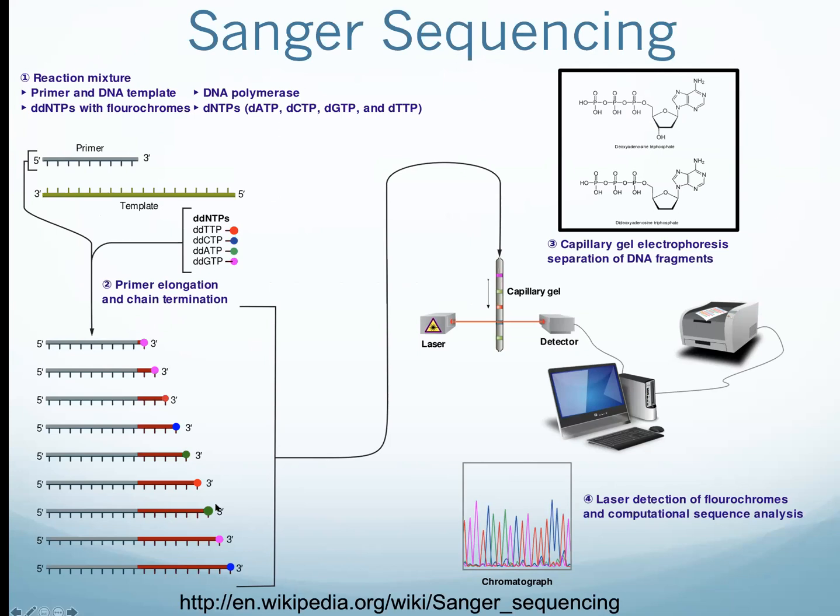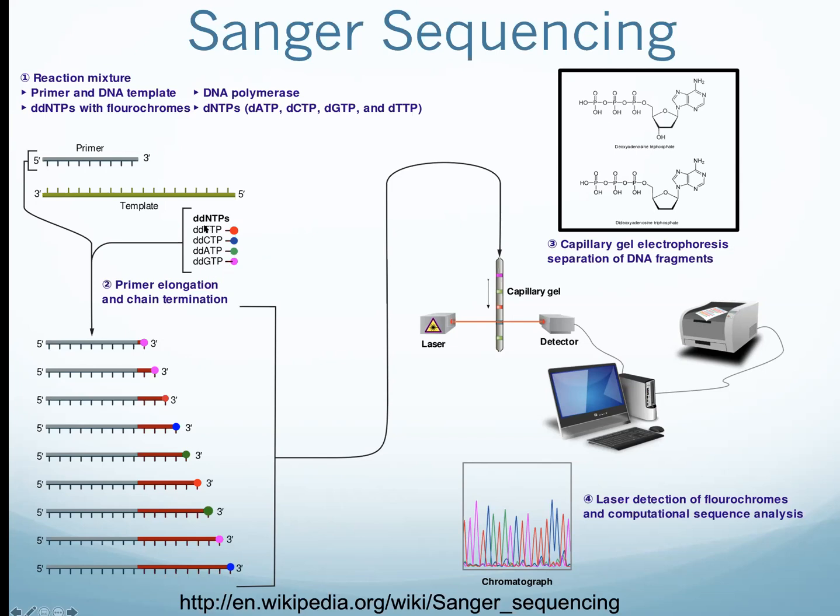In other cases, it may make it to base 400 or 1,000 before it grabs a dideoxy one. And so what you get is a whole mixture of successively longer and longer fragments, and all of them stop with one of these dideoxy ones.